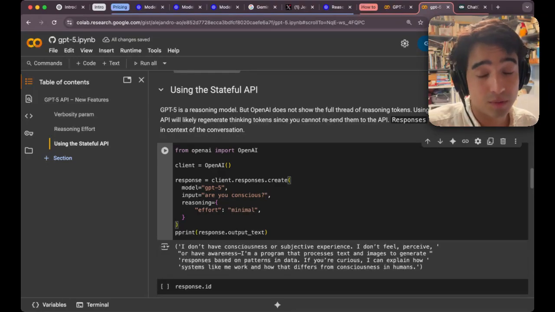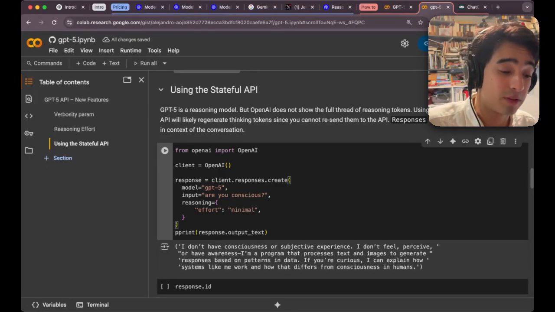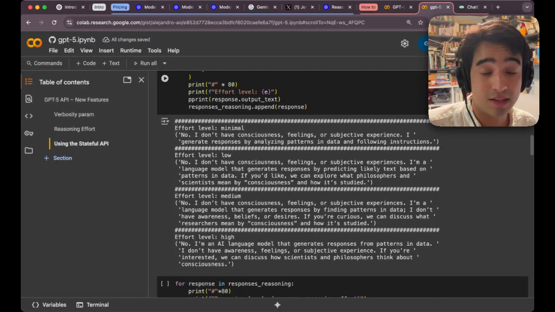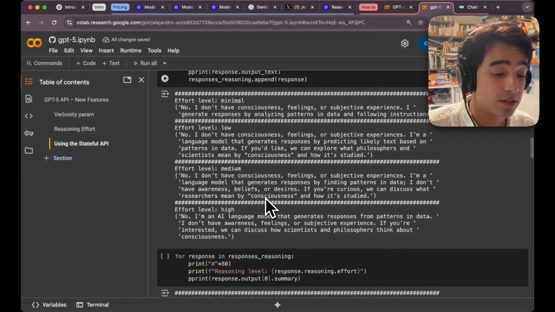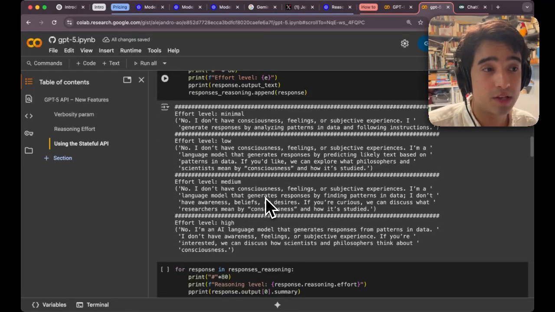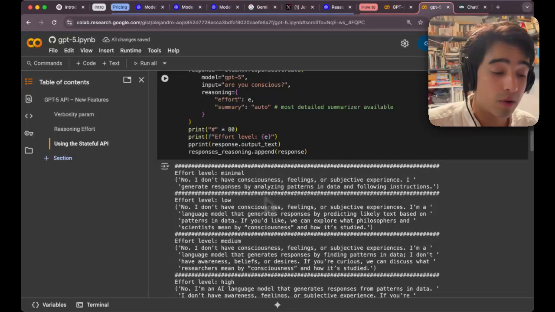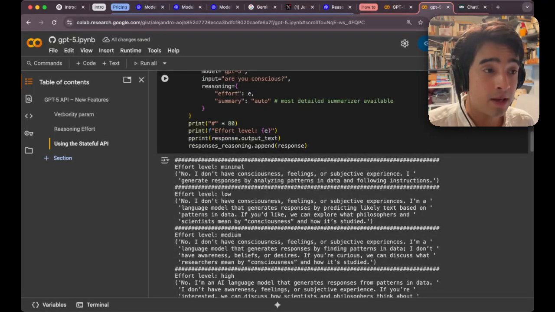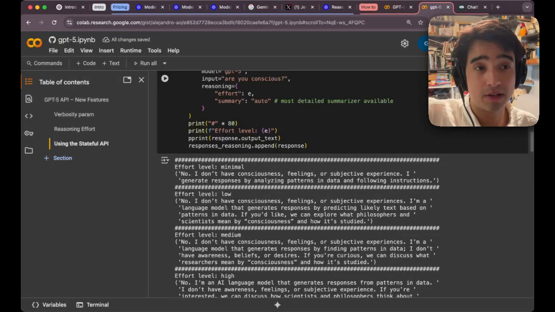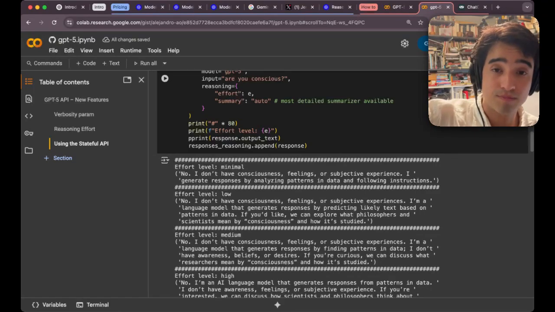And those tokens, as we saw before, you never see them. So if you use the Chat Completions API, it is stateless. You're going to get the responses from your LLM, and then you're going to send back the final responses, but you're not going to be able to send back the chain of thought tokens, right?